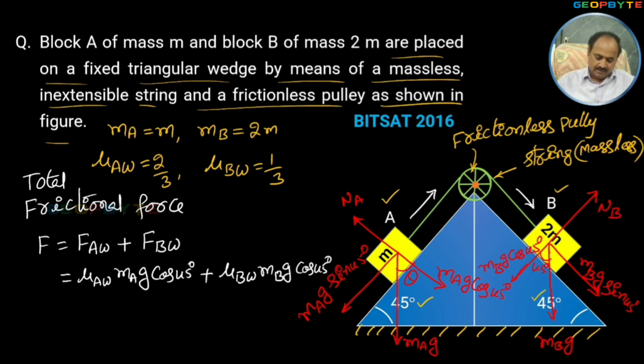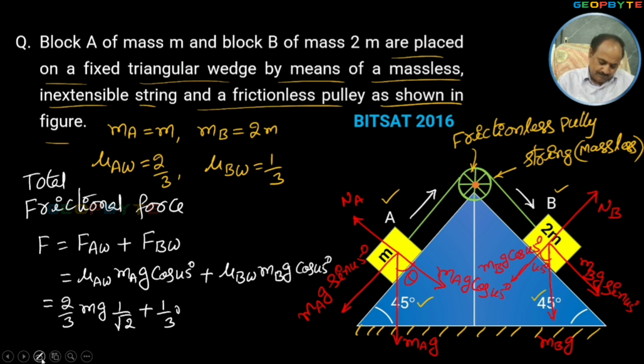Now let us simplify it. It is equal to mu_A, 2 by 3, M_A g cos 45 degrees, 1 by root 2, plus mu between B and the wedge, 1 by 3, M_B is 2M, 2M into g into cos 45, also 1 by root 2.